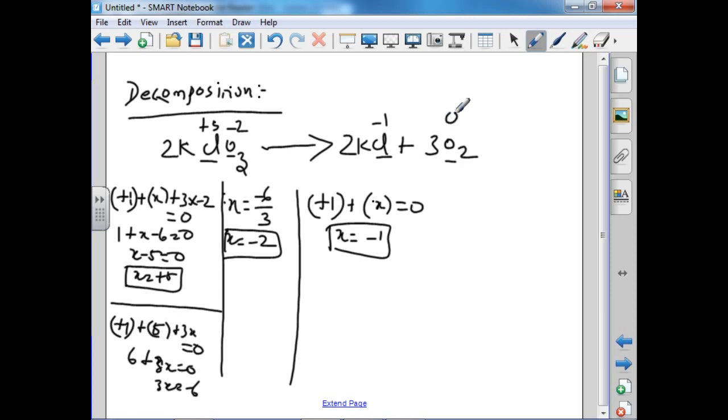So chlorine goes from plus 5 to minus 1, a decrease, which means a reduction process. So chlorine is reduced. The next one is oxygen, minus 2 to 0. Increase is an oxidation process. It is oxidized.